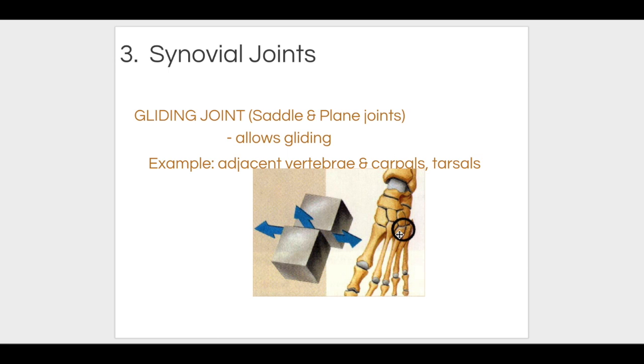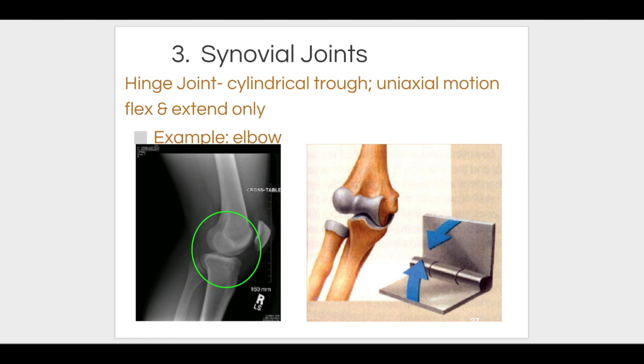These little teeny tiny bones within the carpals and tarsals will allow for just a little bit of sliding action. So as you're gripping items with your hands or moving your wrist around, there will be a little bit of give within those joints of the bones within those locations.